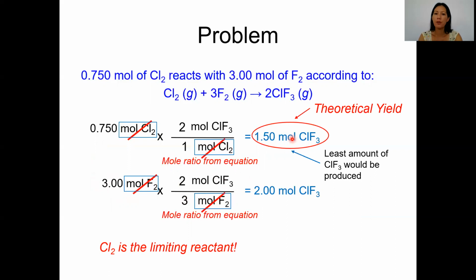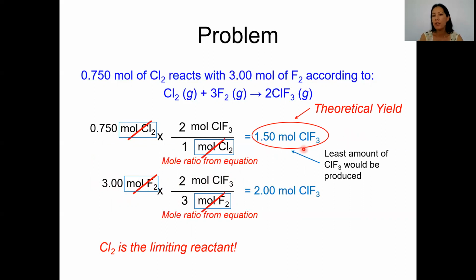So again, this is the theoretical yield. And the next question that I ask you is how much excess reactant remains? So the excess reactant is fluorine. This never happened. I only used enough to make 1.5 moles of chlorine trifluoride. So to find out how much was left over, I need to find out how much fluorine was used.